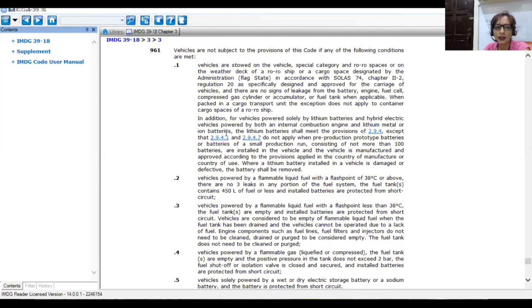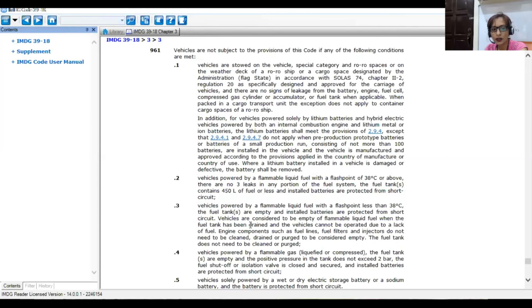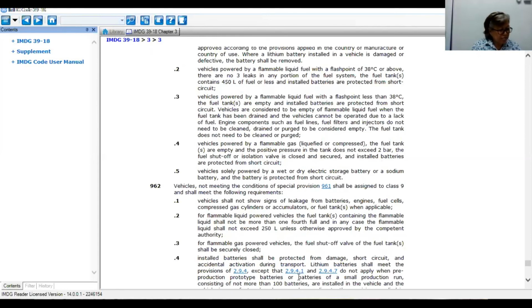So to exercise 961 or 962, 962 is definitely assigned as DG. Even 962 says if you cannot meet 961, then you assign it to class 9.